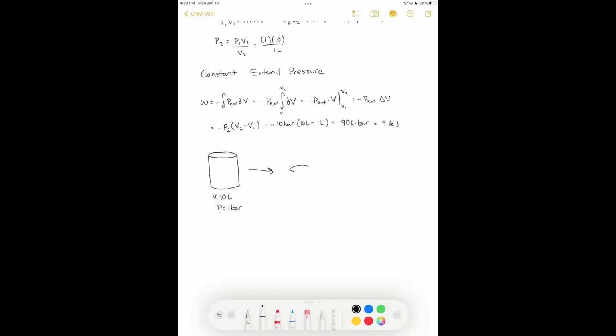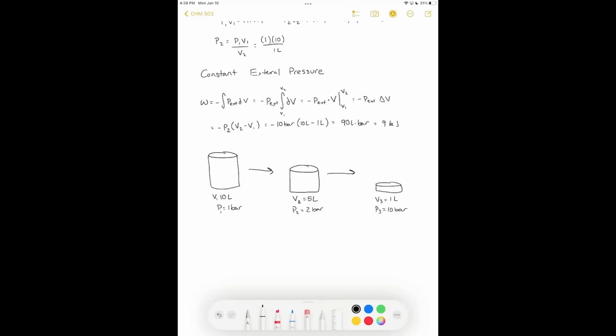So let's say first we compress down to half. So we have a volume V2 that is now 5 liters and a pressure P2 that is 2 bar. And then we have another compression that drops us all the way down to 1 liter. So the volume V3 of 1 liter and a pressure P3 of 10 bar. The temperature is the same for all of these steps.